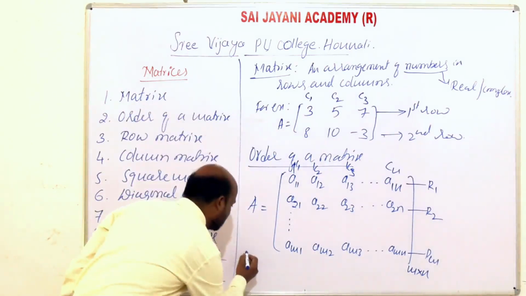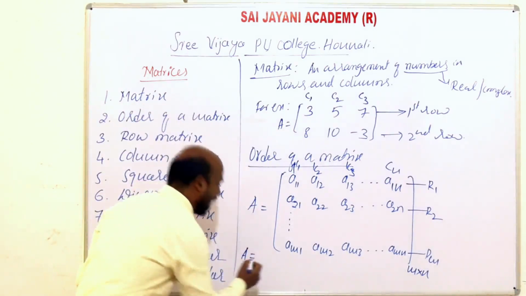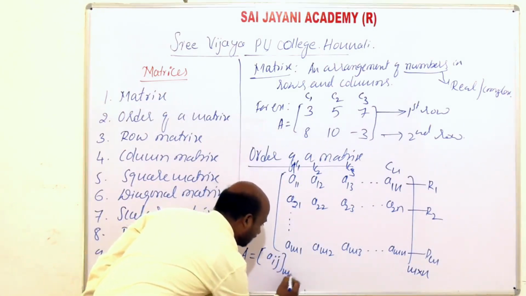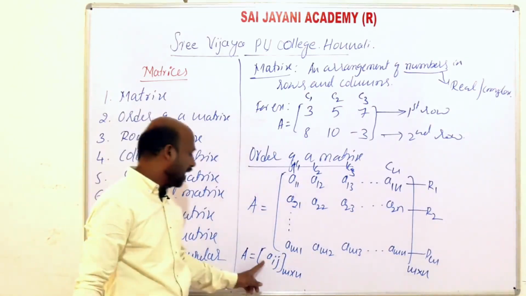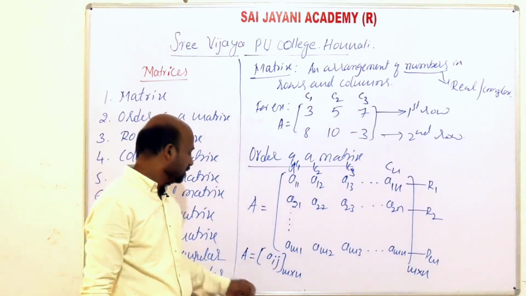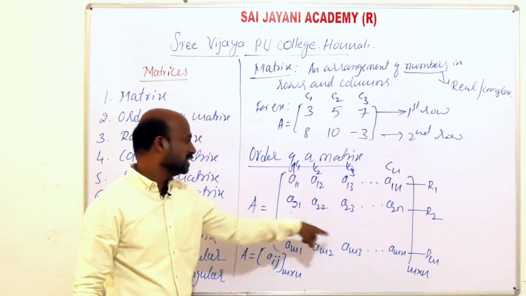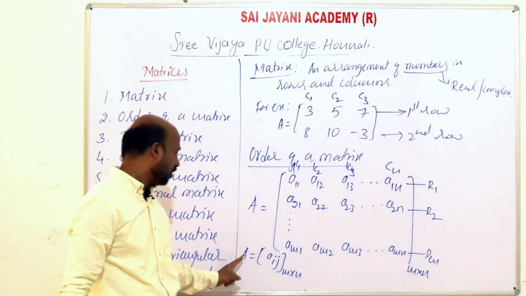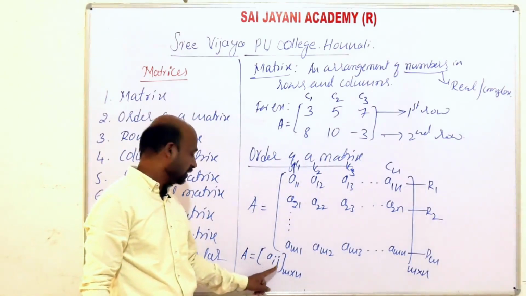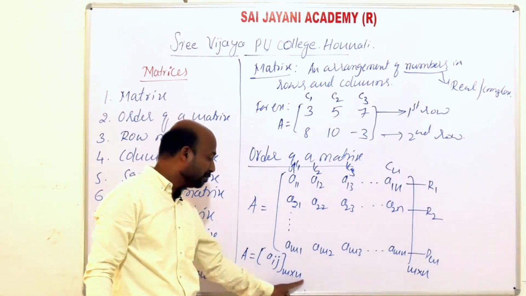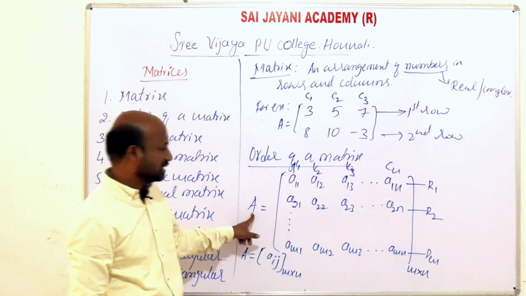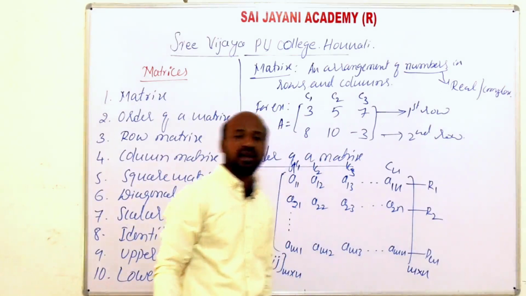So this is simply represented as aij, of order m by n. aij means i indicates the row and j indicates the column. So all the elements of this matrix can be written in one form, that is A is equal to aij. Again, i indicates row and j indicates column, and m by n indicates the order of the matrix. It means that the matrix A has m number of rows and n number of columns.